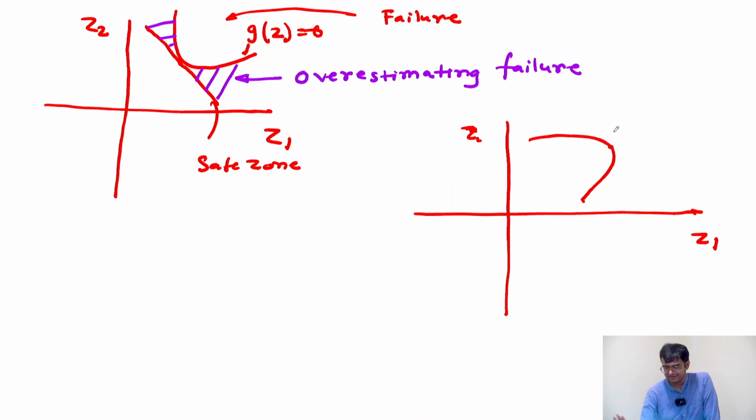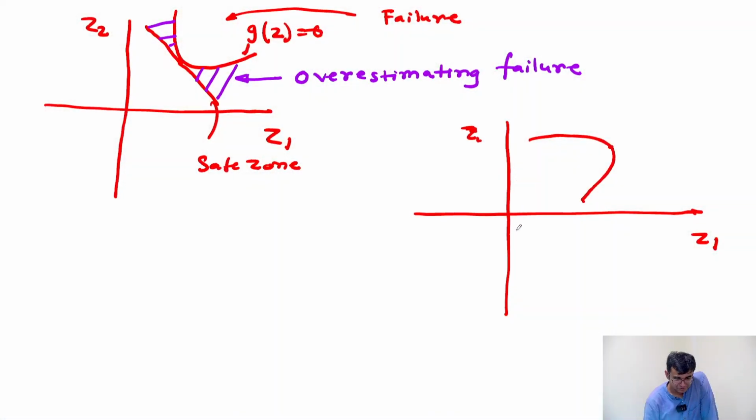It's the mistake of my drawing, but assume that is my nearest point. Nothing changes. So if that is my nearest point, what will I do? I will draw a tangent like this, right? And now in this case, originally this area was failure. Now it will start underestimating.